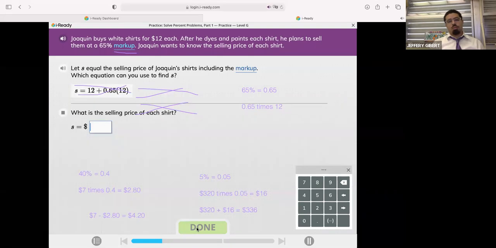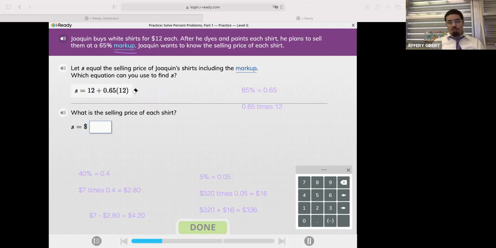What is the selling price of each shirt? All right, so now we just do the, all right, Manaya, you got your hand up? 19.80. All right, 19.80. Let's see if that's correct. So remember order of operations. We can't do 12 plus 0.65.